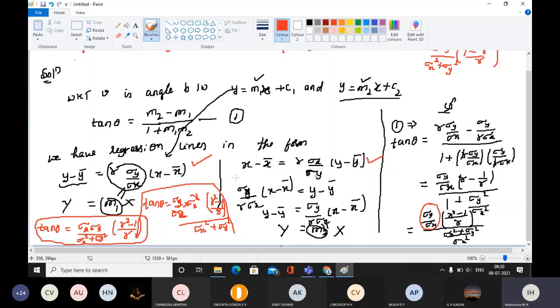So from this we have to find m1 and m2. This is the standard equation of a straight line, called slope intercept form. m1 is slope and c1 is the y intercept. Here the y intercept is 0 for these two lines.